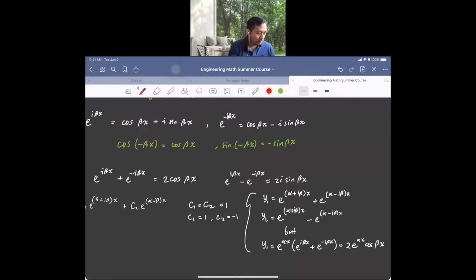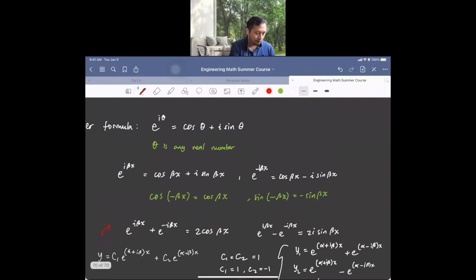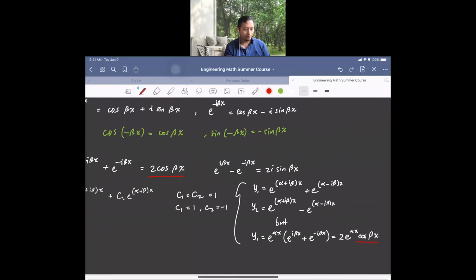So we conclude the cosine here. So this is 2 cosine beta x.